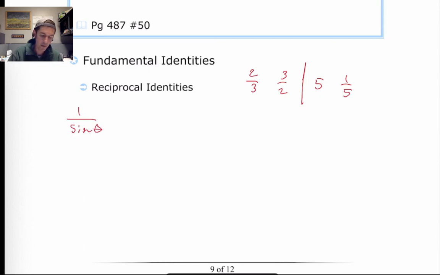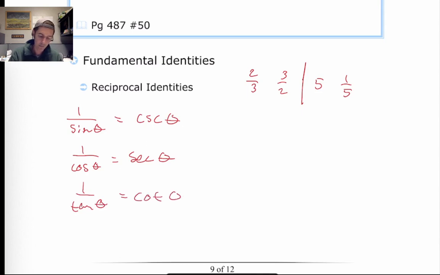I'm going to use theta instead of t. The reciprocal of the sine function is cosecant theta. The reciprocal of cosine is secant. And the reciprocal of the tangent function is cotangent.